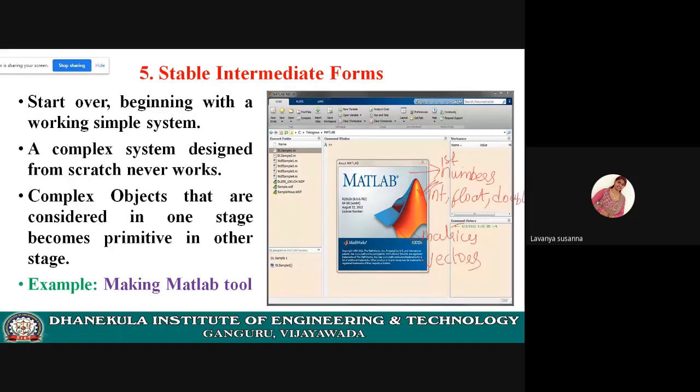When you are coming to the second stage, you need to represent matrices and vectors. Think this is an object: integer is an object, float is an object, double is an object. When you are coming to the second stage, the objects considered in the first stage become primitives.